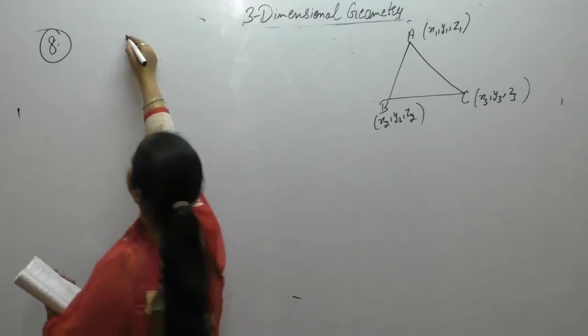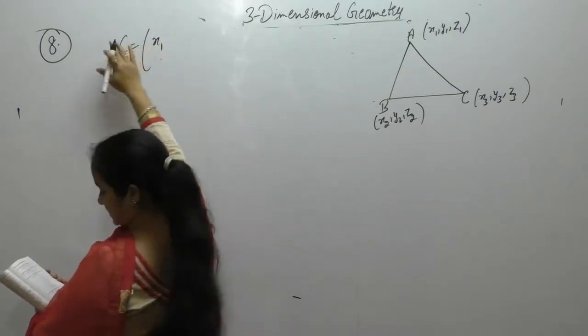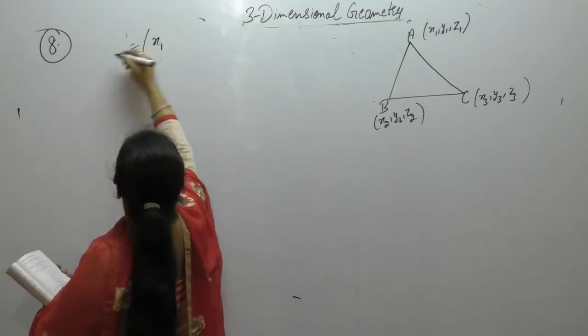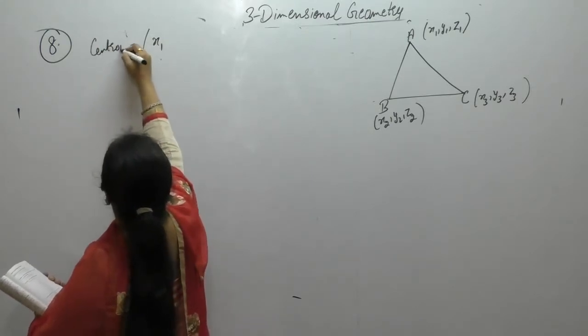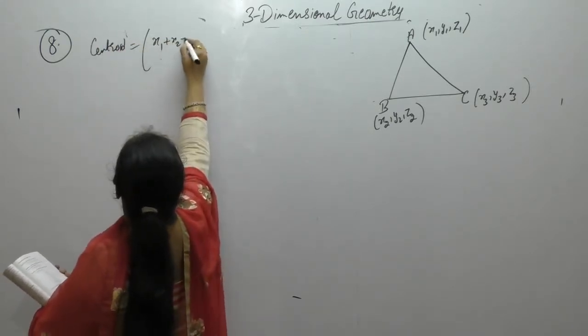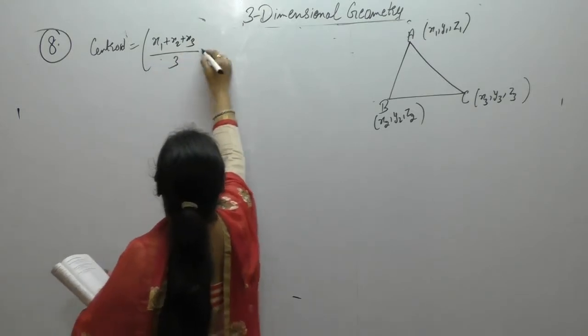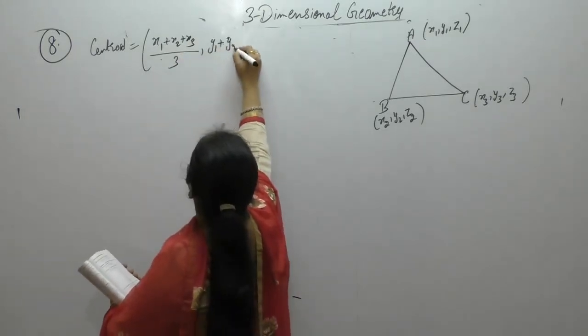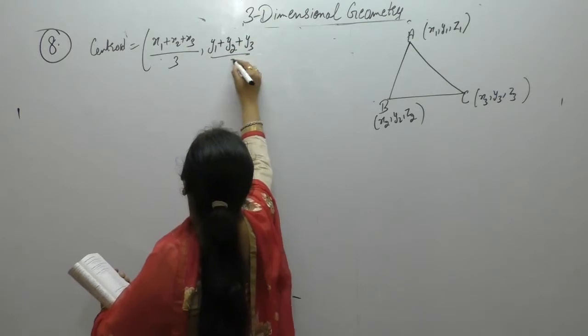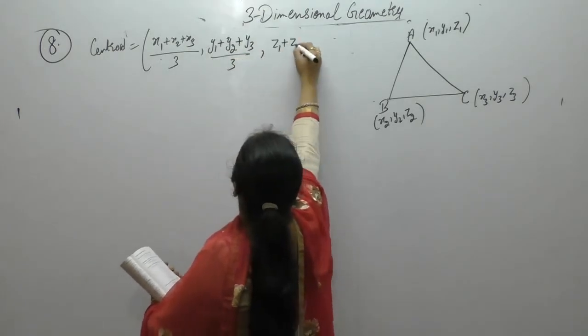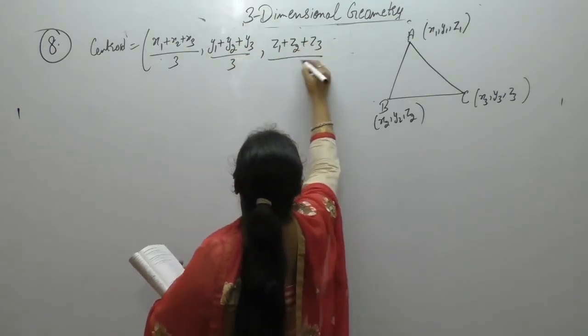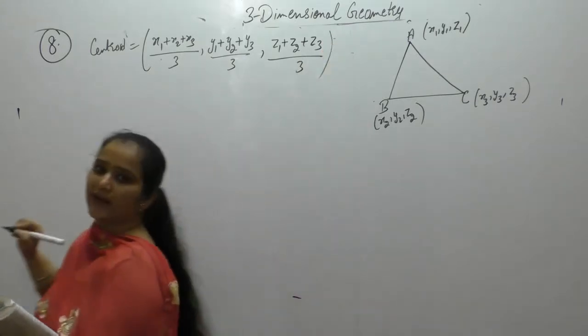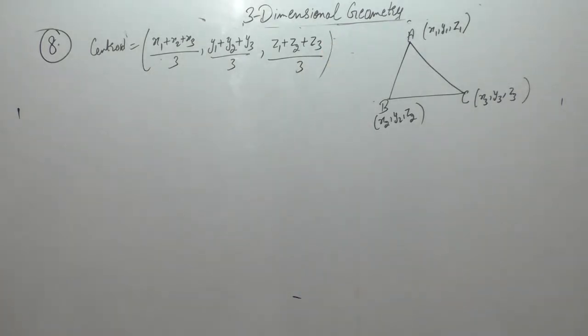Centroid of the triangle, we have to prove that centroid is equals to x1 plus x2 plus x3 by 3, y1 plus y2 plus y3 upon 3, z1 plus z2 plus z3 by 3. We have to prove that centroid of triangle is this.